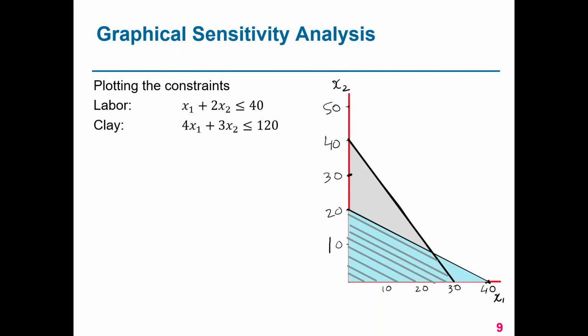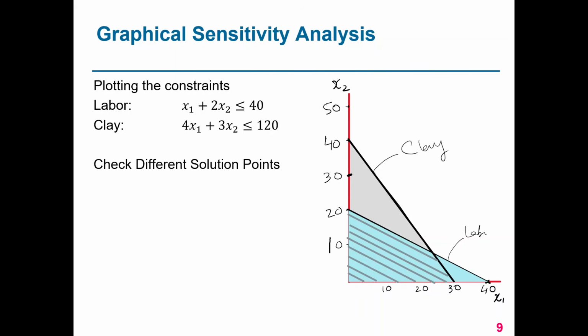Now, when we overlap these constraints, we see the gray area with the hatching in gray color. This is the area that is feasible for the clay constraint, and the light blue area is feasible to the labor constraint.